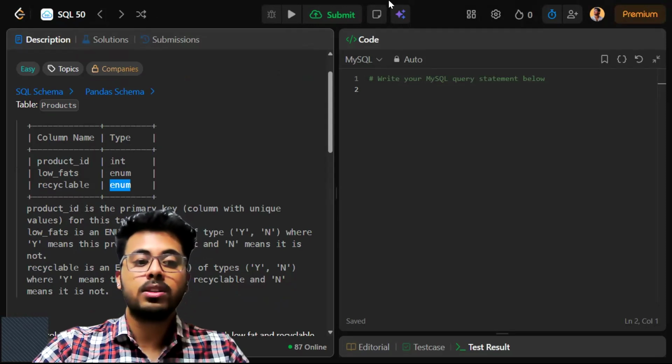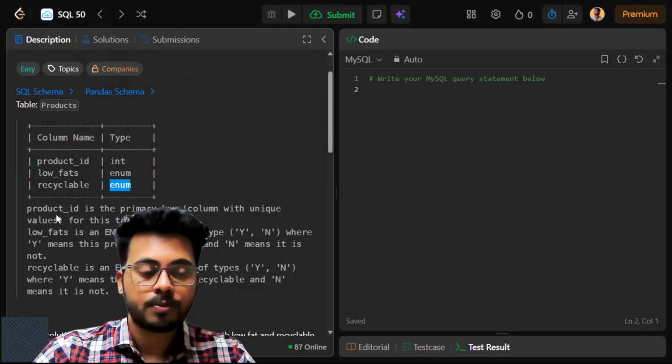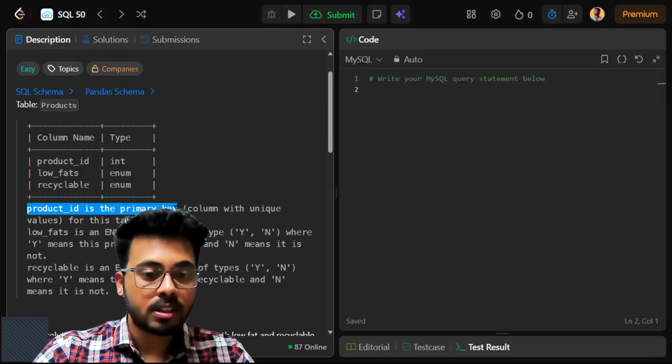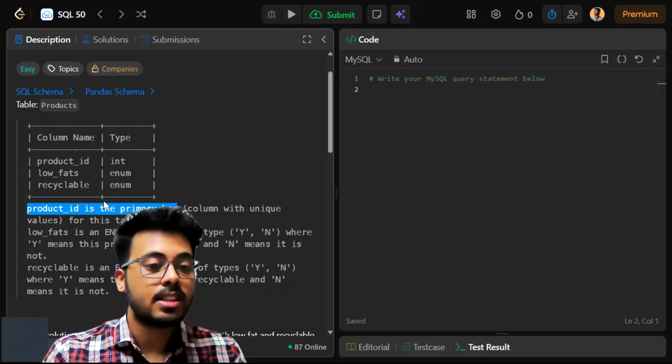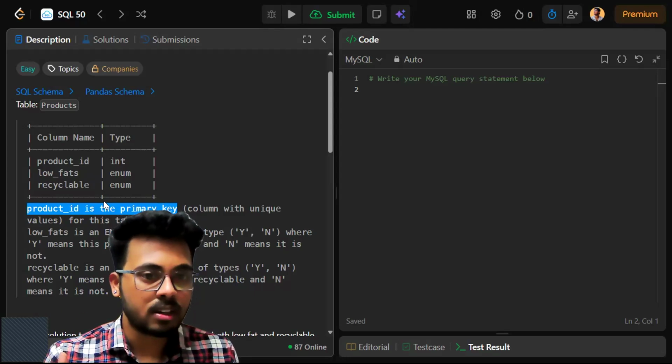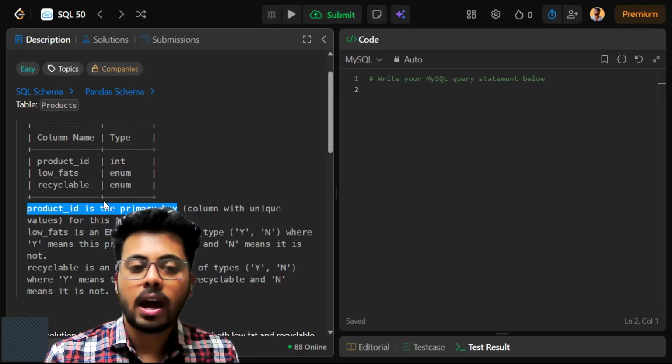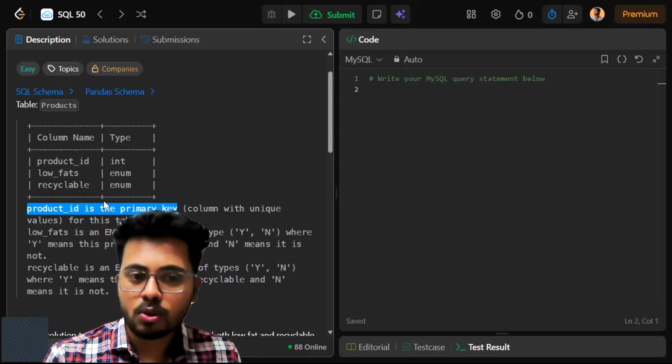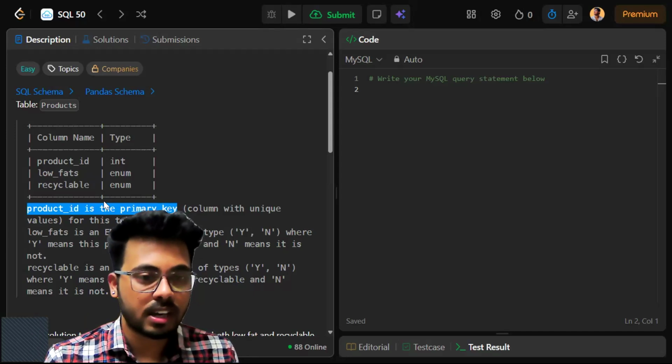Now let's talk about these three specific columns in brief. product_id is the primary key column with unique values for this table. That means inside the product_id, we will be having two things. What is that? Not null values, and the second one, unique values, which are of integer type.